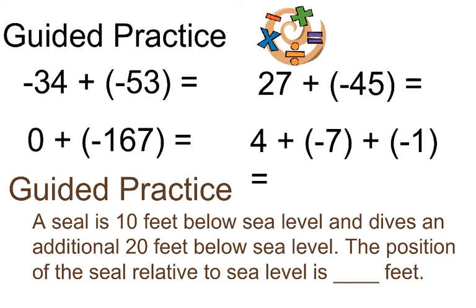A seal is 10 feet below sea level and dives an additional 20 feet below sea level. The position of the seal relative to sea level is, and you're going to answer all these questions. Go ahead and take a minute to pause this video, copy down your guided practice problem, and be ready to discuss them in the morning of our next class. Go ahead and take a minute to pause now.